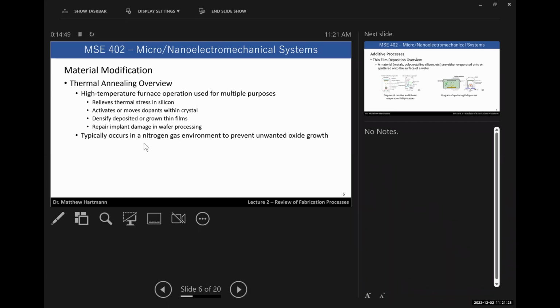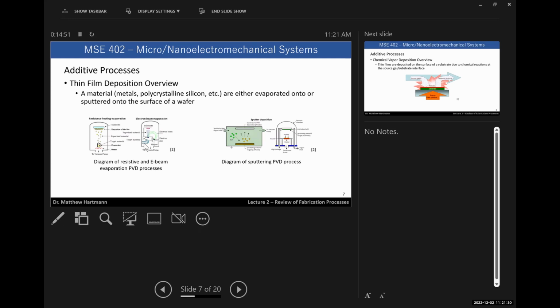All right, now we're going to talk about additive processes. So first we're going to talk about thin film depositions, and specifically physical vapor deposition, or PVD processes, which will be contrasted with chemical vapor deposition, or CVD things on the next slide. So physical vapor deposition is either done using evaporation or sputtering, two similar but different technologies, okay? So evaporation is exactly what it sounds like.